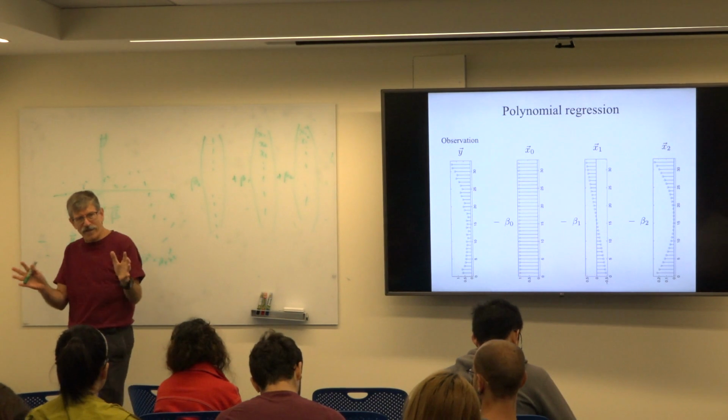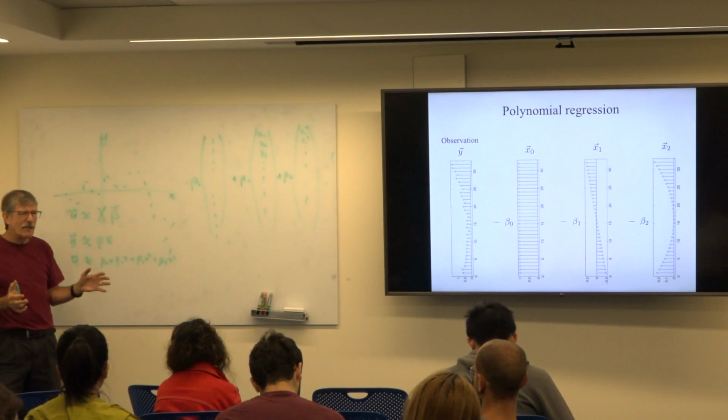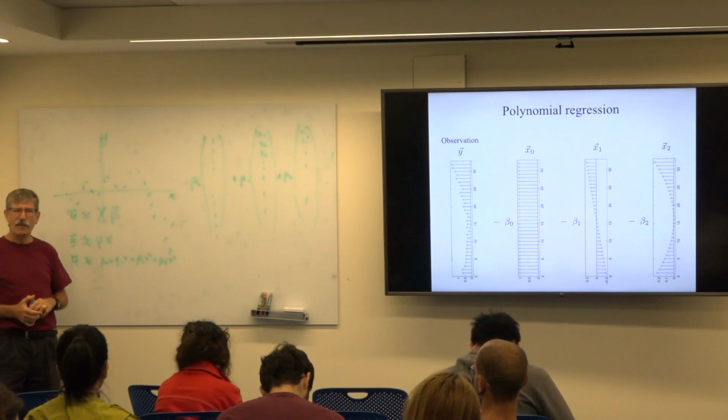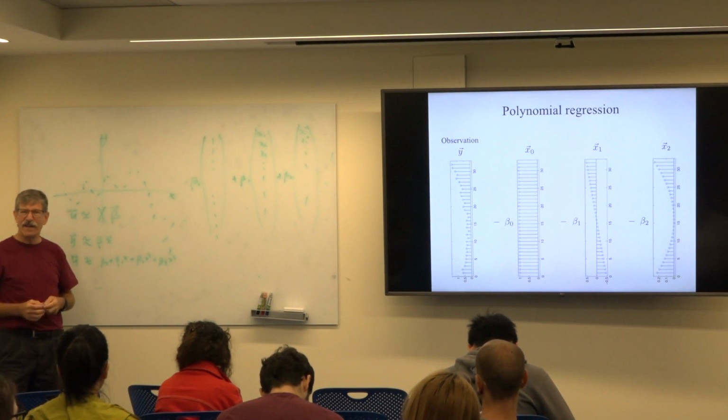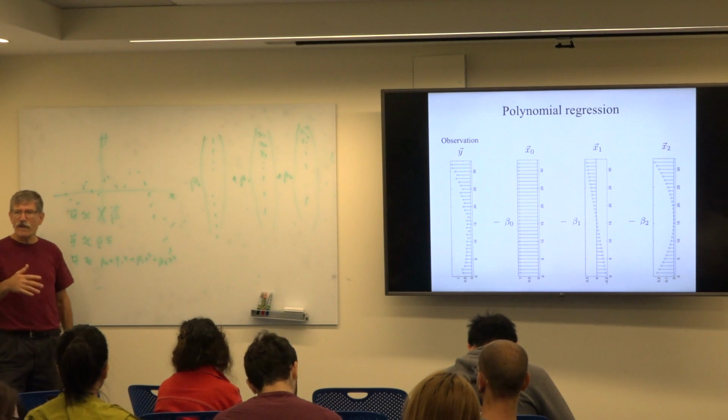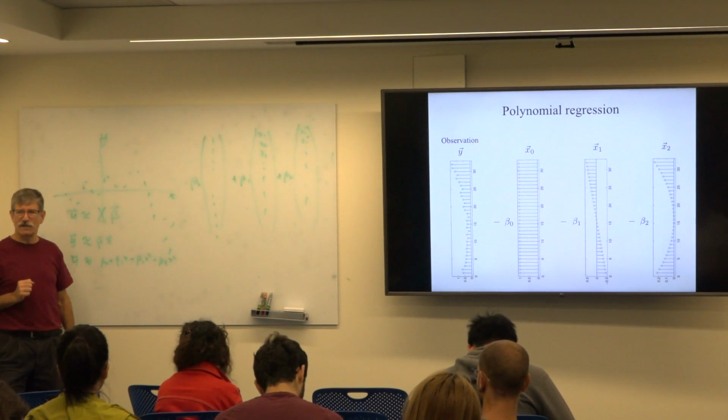And so within the class of functions of a plus bx plus cx squared, it'll pick the one that best fits your data in the squared error sense. Okay? So that's fitting with a particular set of functions.